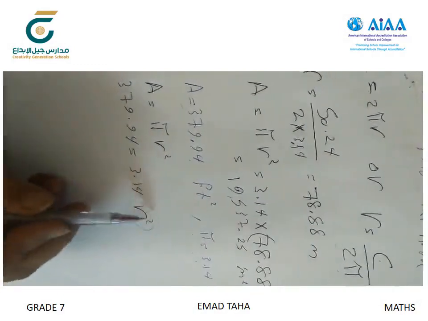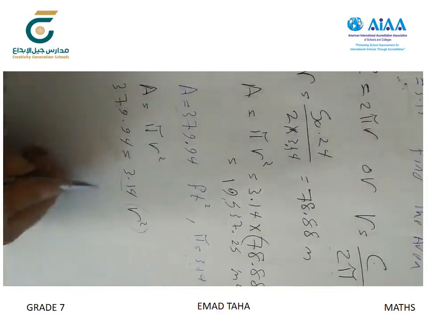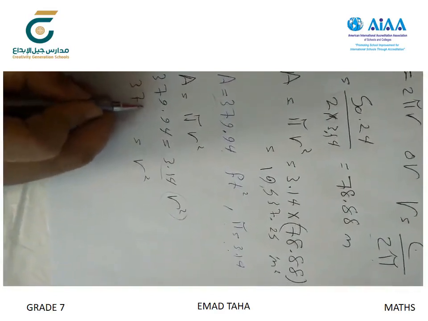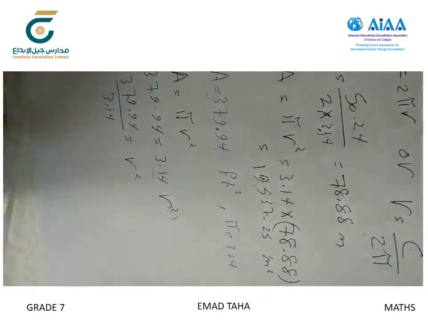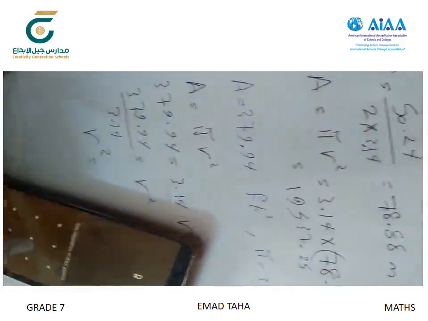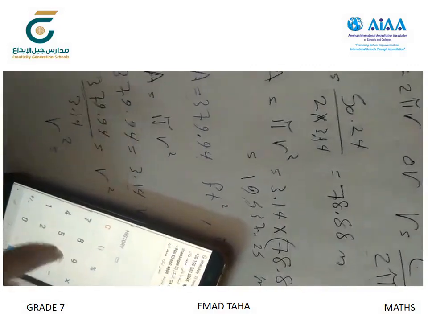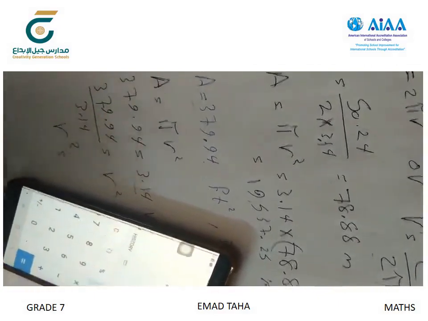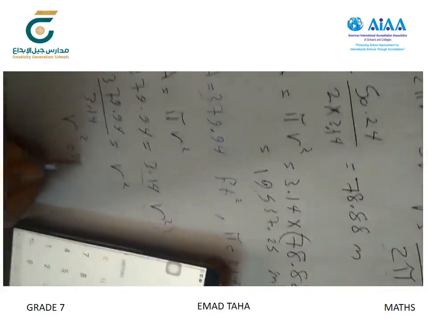To find the value of r, we divide both sides by 3.14, so r to the power 2 equals 379.94 divided by 3.14. Now r squared equals 379.94 divided by 3.14 equals 121.